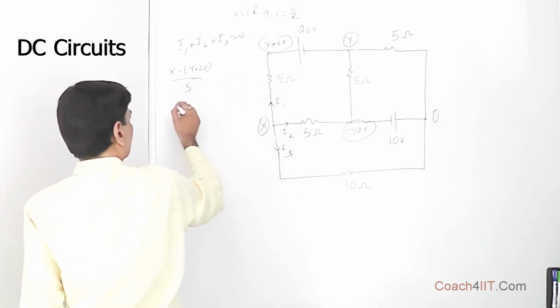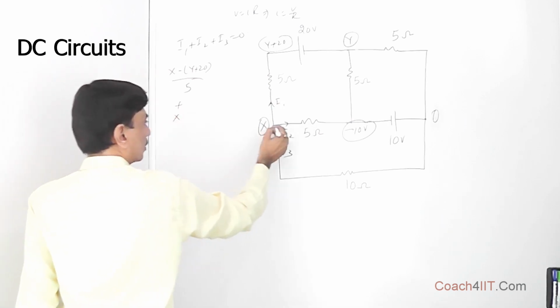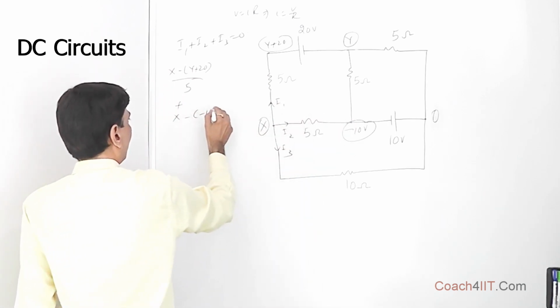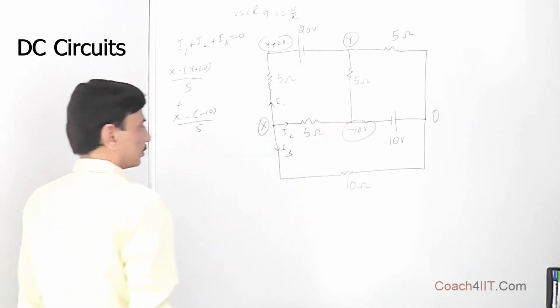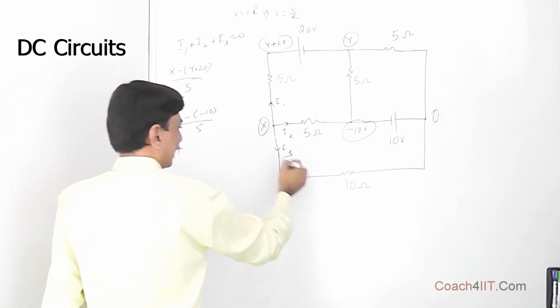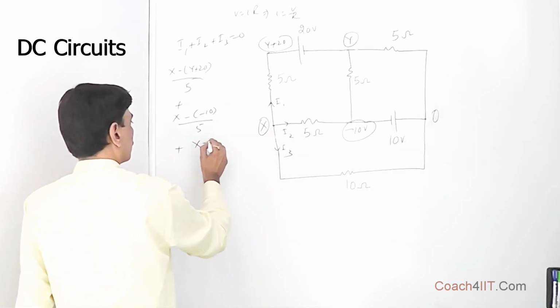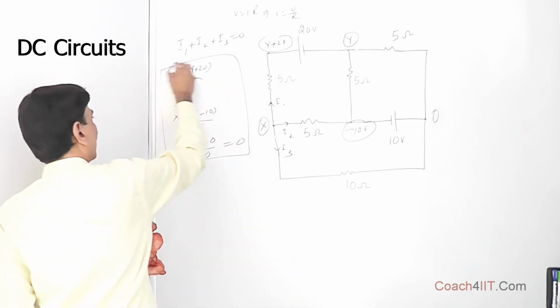So this is I1 plus, when we talk about I2, this is X minus 10 divided by 5. So this is I2, and plus I3, that is X minus 0 upon 10, that should be equal to 0. So this is one equation.